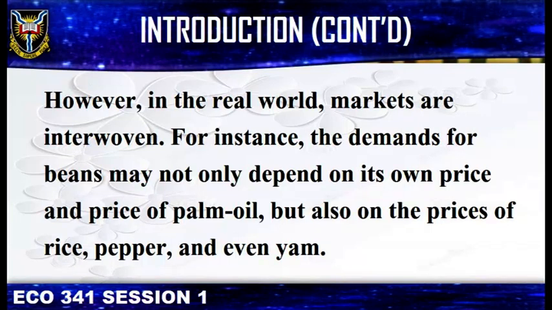For instance, the demand for beans may not only depend on its own price and the price of palm oil, but also on the prices of rice, pepper, and even yam. In particular, it is possible to have an n-commodity market, in which case it will certainly be difficult to solve for the variables of interest simultaneously.